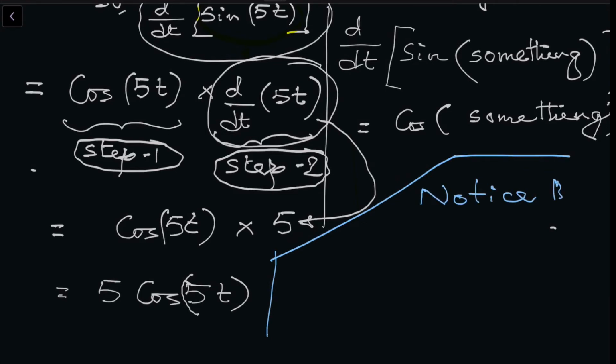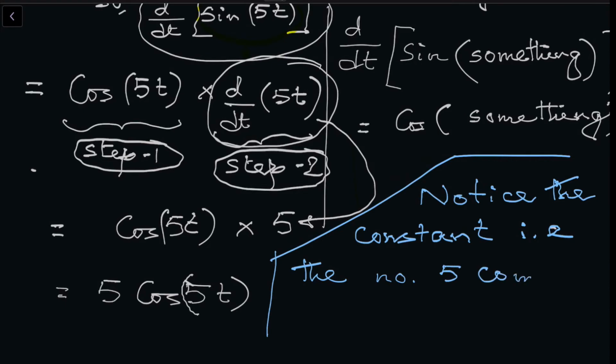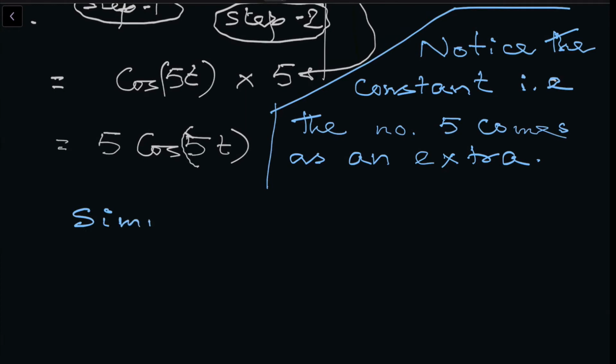Here you can notice one thing, that constant term, that is the number 5 here, comes as an extra thing, because sine 5t should have been cos 5t. It became 5 cos 5t.